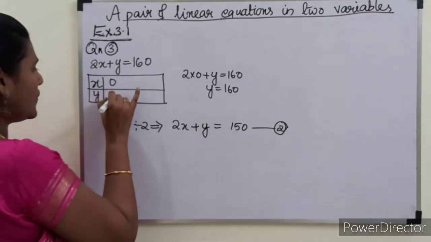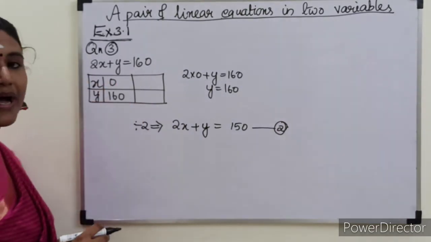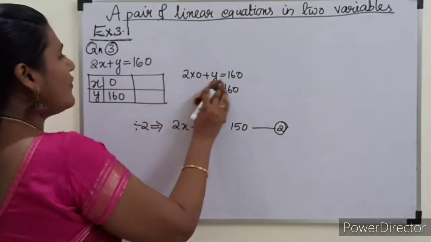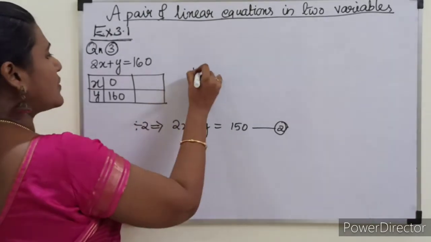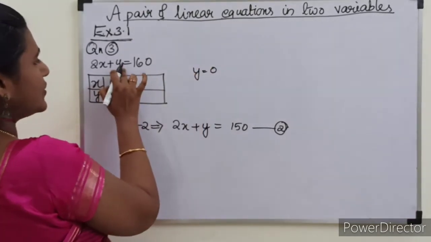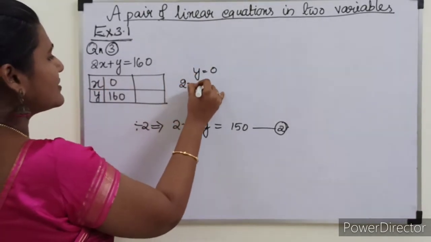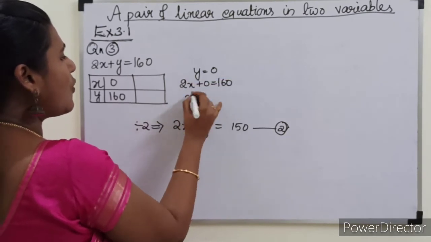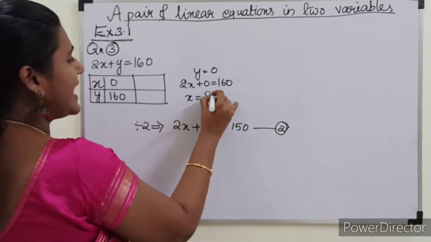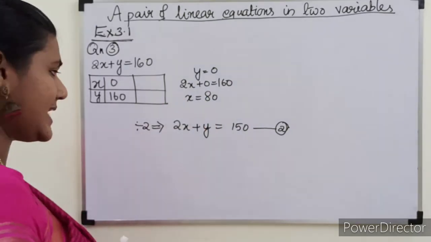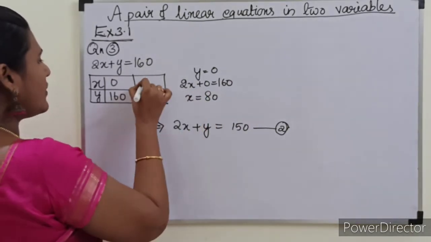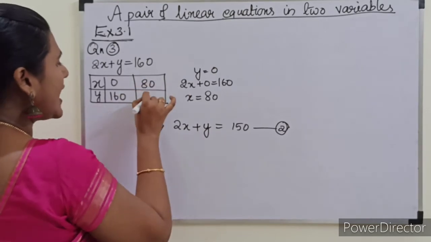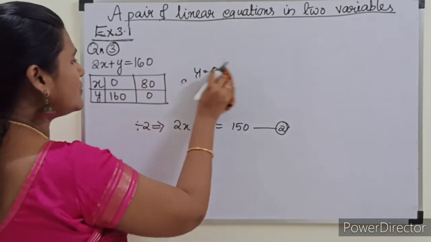So x is equal to 0, y is equal to 160. Now we will take y is equal to 0. If you substitute y equal to 0 in this equation, you will get x is equal to 160 by 2, that is 80. So x is equal to 80 and y equal to 0. So we got the second solution.